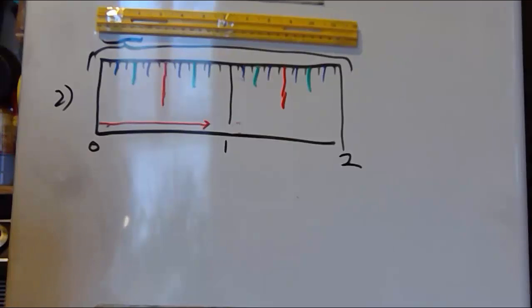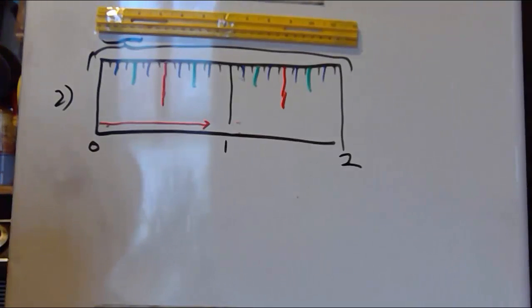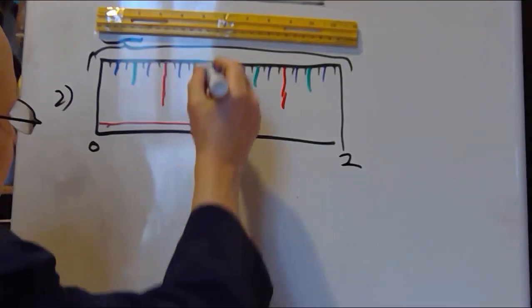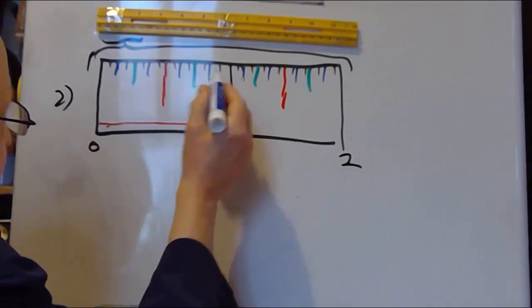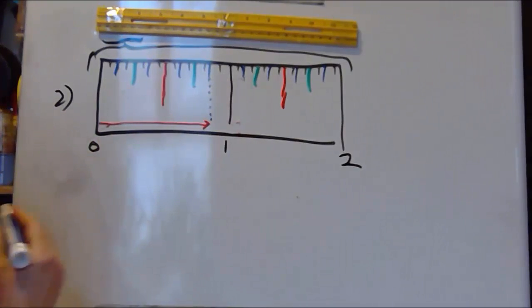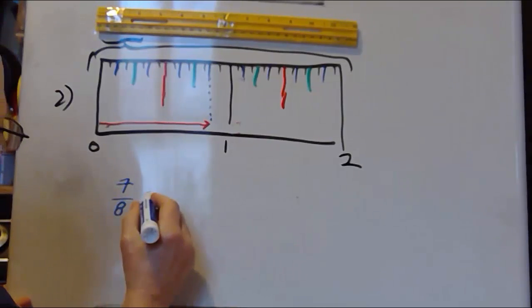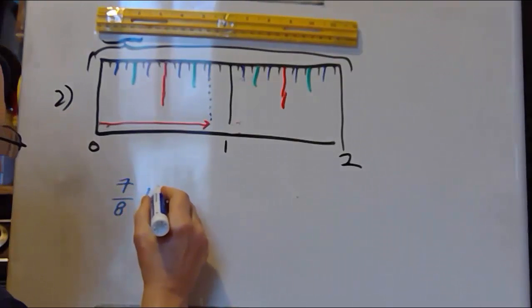So we have to see how far out does the red line go, from where we begin to where we end. And here, since it's on the blue, which is the eighths, this is an eighth, and there are 7 of these, so there's going to have to be another one of those. So that means that this is 7/8 of an inch, or inches.